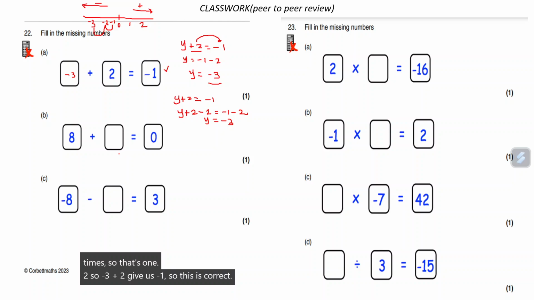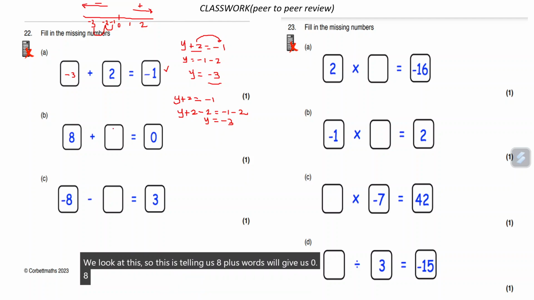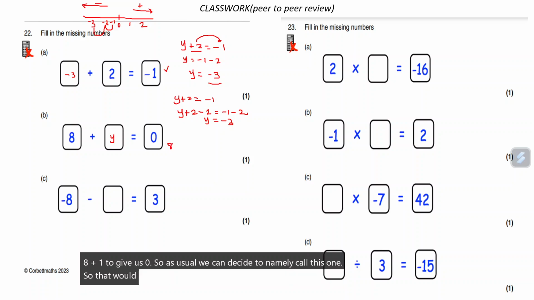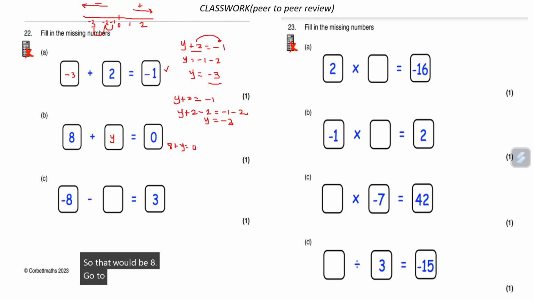Now we look at this. This is telling us 8 plus what will give us 0. As usual, we can decide to call this y. So that will be 8 plus y equal to 0. We are trying to find the value of y.